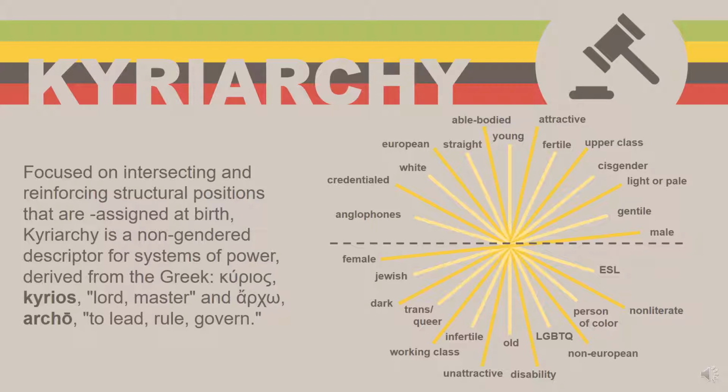So understanding how these many characteristics intersect is really fundamental to understanding how social barriers impact individuals, as well as the privileges that others experience.